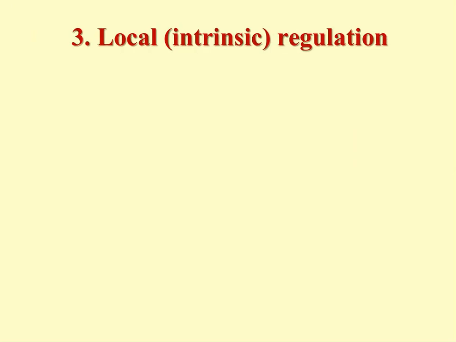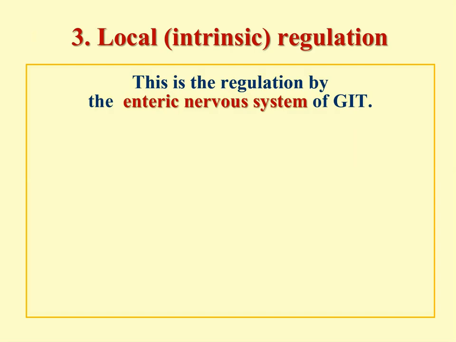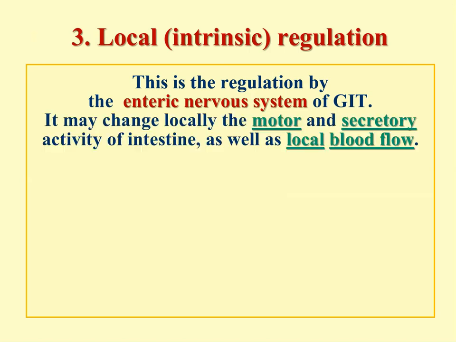The third type of regulation is local or intrinsic regulation. This is regulation by the enteric nervous system of the gastrointestinal tract. There are numerous enteric nervous plexuses in the gastrointestinal tract, and these neurons can operate independently of the general nervous system, and they can locally change the motor activity of the intestine, that is, the activity of the smooth muscles in the intestinal wall.